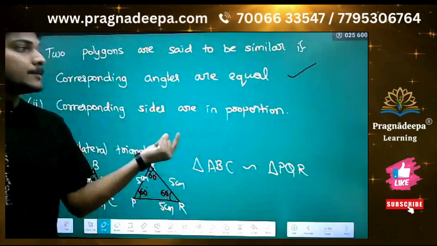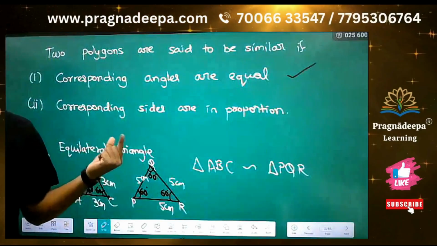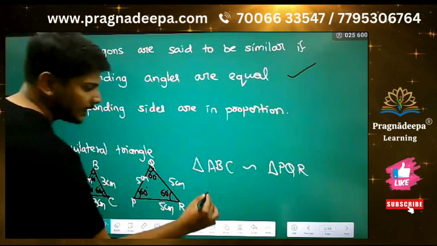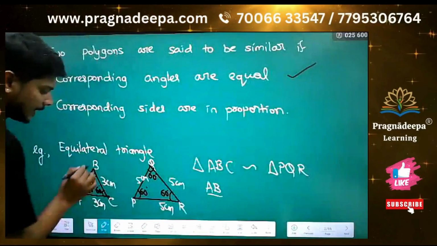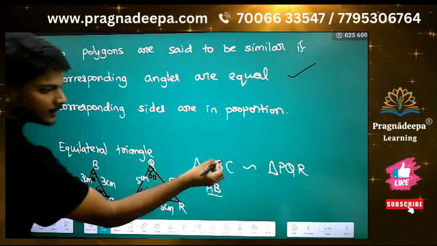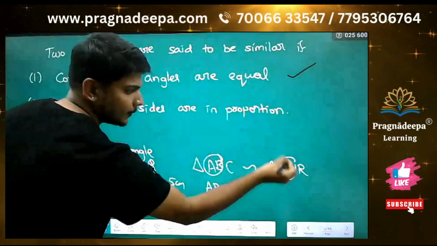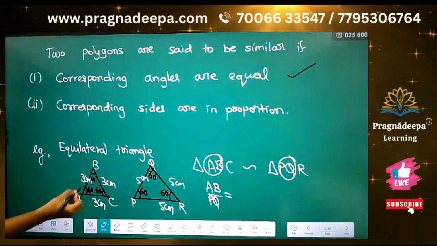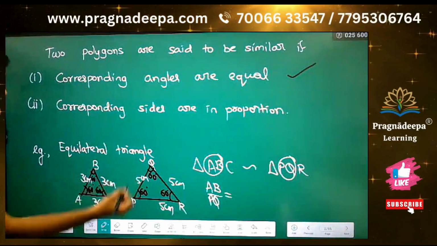So next, corresponding sides are in proportion. So that means AB by PQ. This is the corresponding side, right? AB by PQ will be equal to, AB is 3 centimeter, PQ is 5 centimeter.